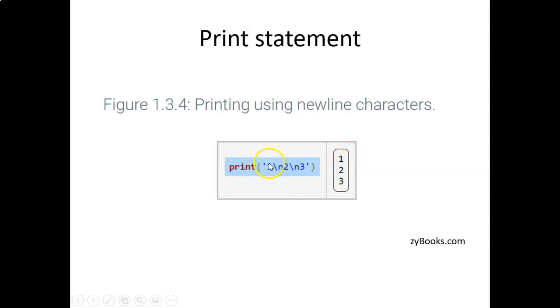So here we're saying print the string 1, but when the Python interpreter sees \n, it automatically goes to a new line. Then we're saying print 2, then we have another \n here, so we automatically go to a new line, and then we print 3. So this is how we can put different values inside of our print statement to make it behave in different ways.